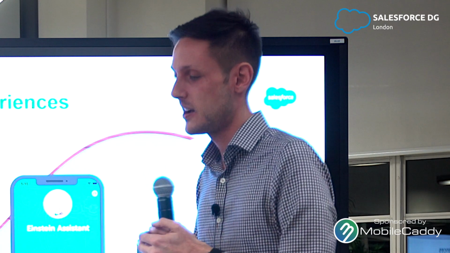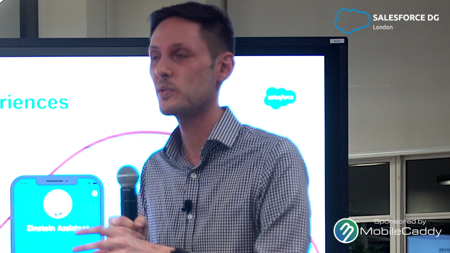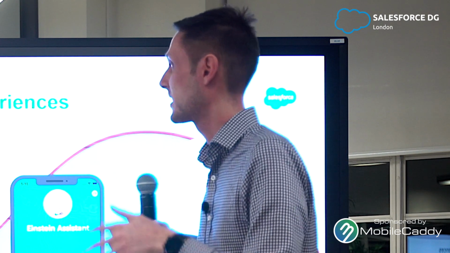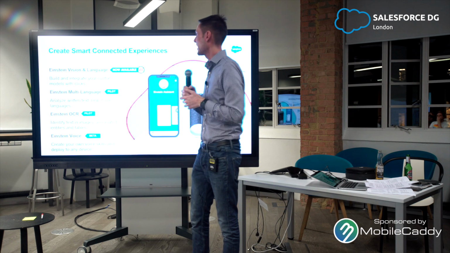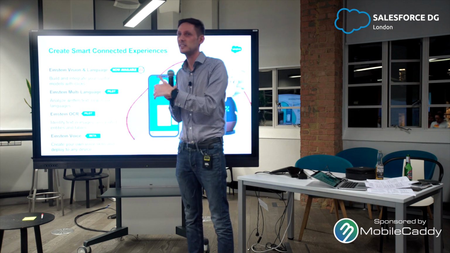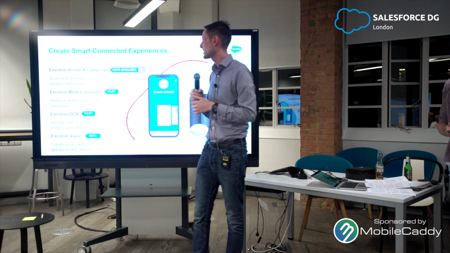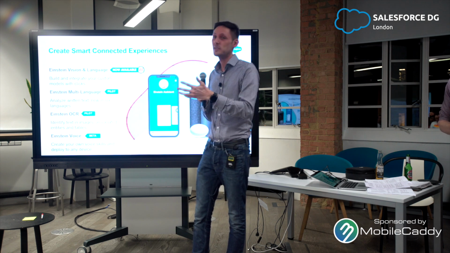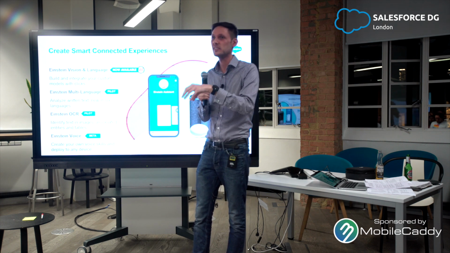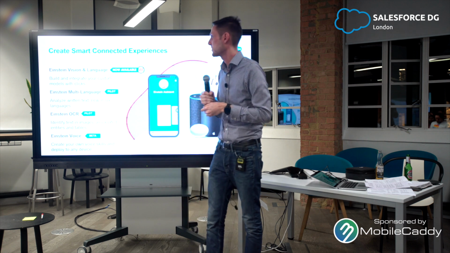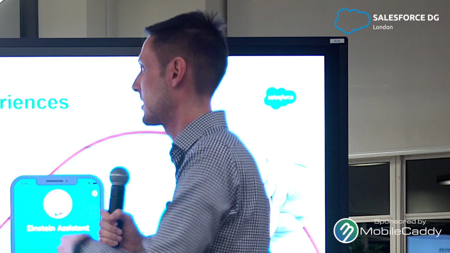With the vision part of it, you can analyze photos, you can analyze different objects within those photos, and you can categorize these pictures based on your business. While the language analytics provides sentiment and intent analysis, which allows you to analyze unstructured text specifically for sentiment, and you can categorize different texts based on this. So imagine a use case of cases. A case comes in, it can be automatically categorized by using Einstein language.